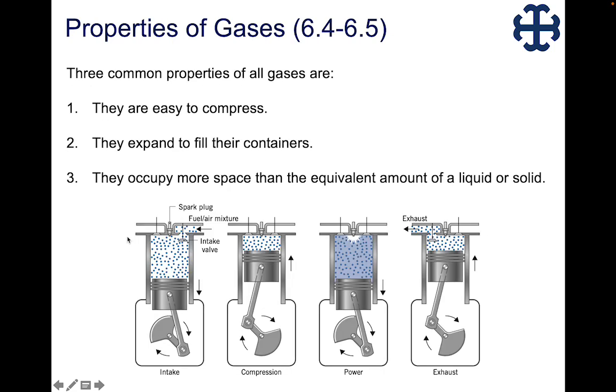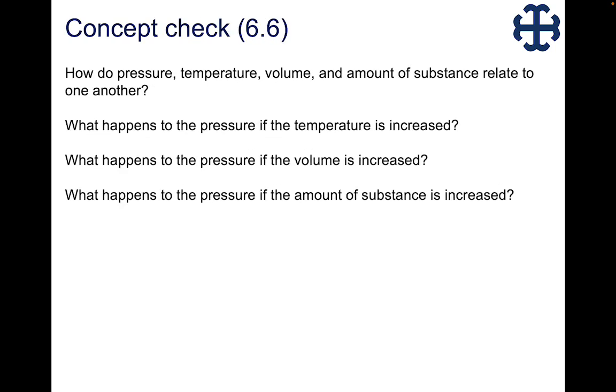And so that leads us to a discussion of the things with the highest kinetic energy. That is the properties of gases. And so these are basically the main things to remember. They are easy to compress because they have lots of space between their molecules. They fill their containers and they occupy more space than liquids or solids. Something to keep in mind.